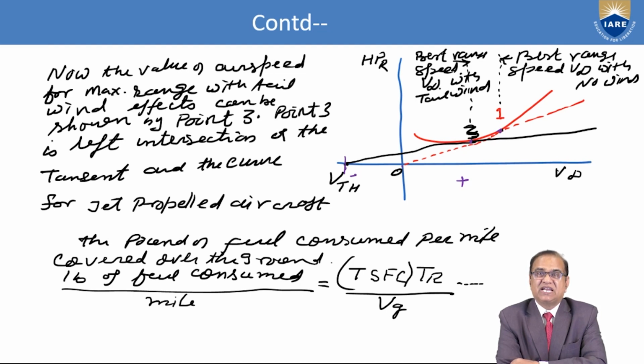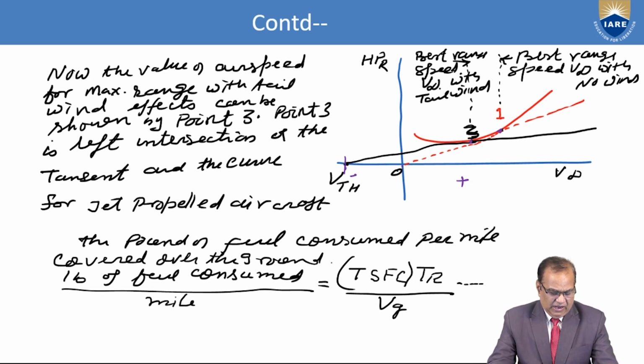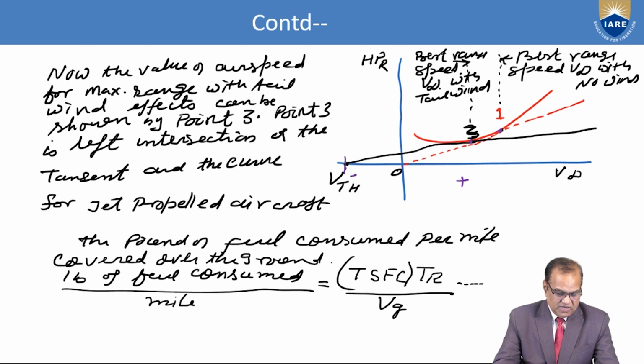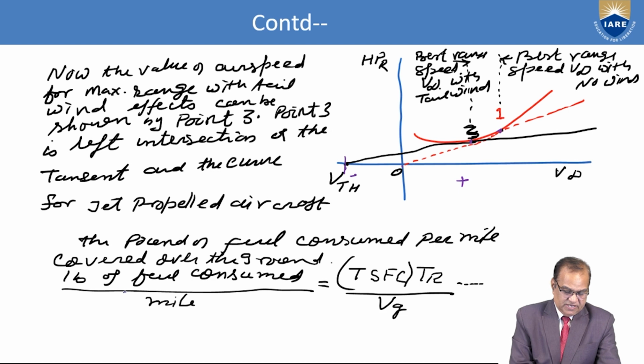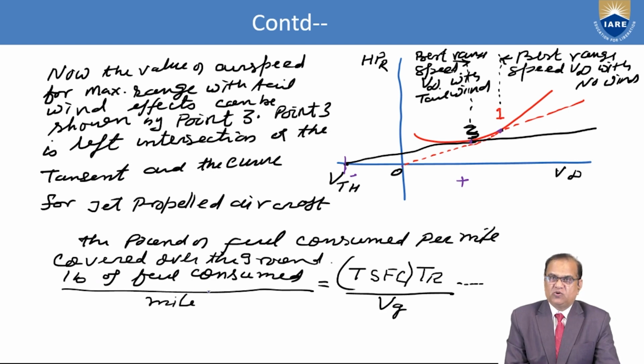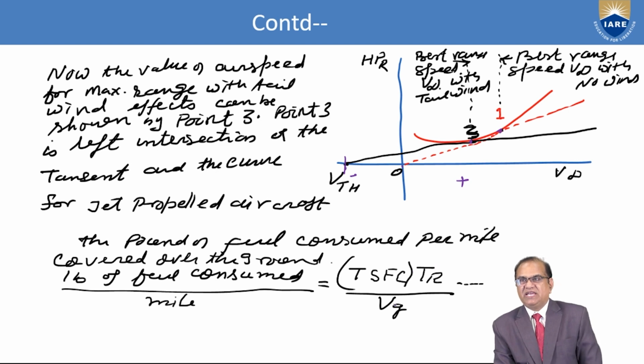Point 3 is the left intersection of the tangent and the curve for the jet propelled aircraft. The fuel consumption per mile covered over the ground, that is pounds of fuel consumed per mile, is equal to TSFC times TR by VG.